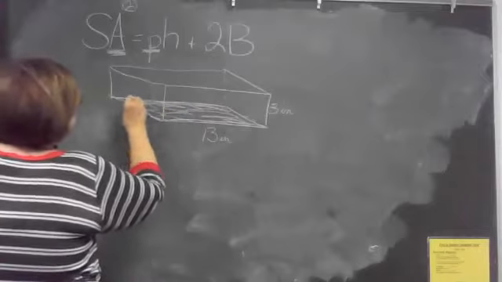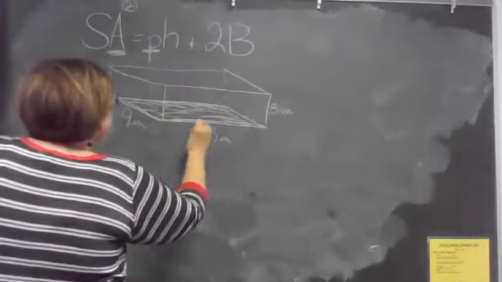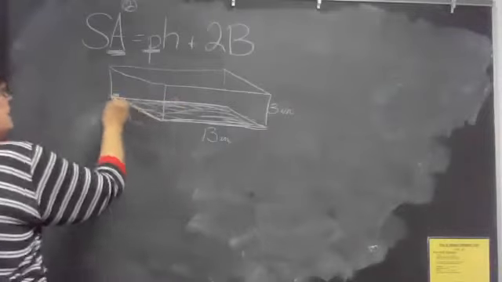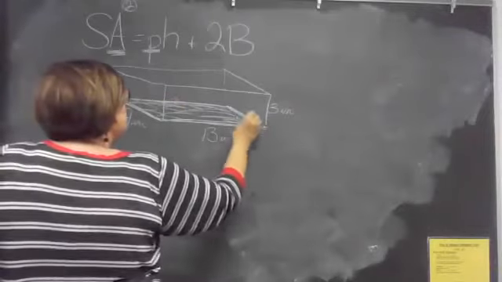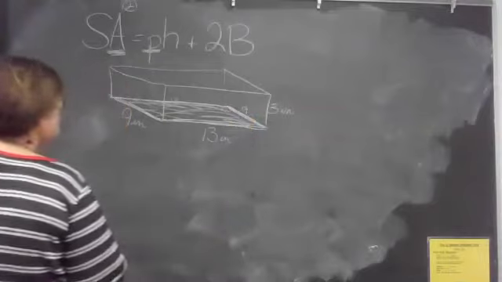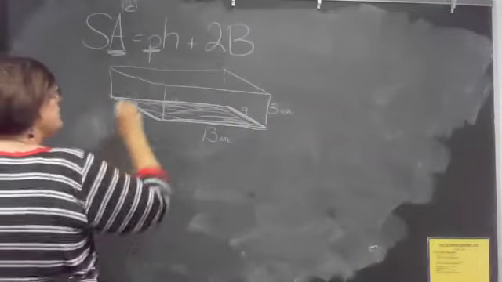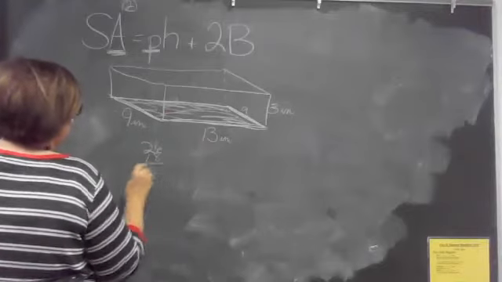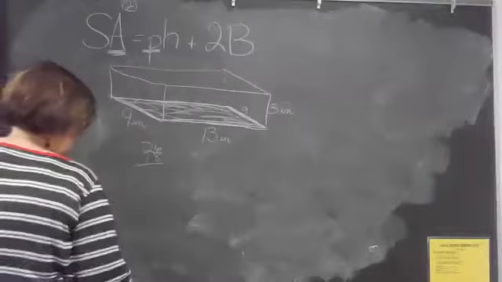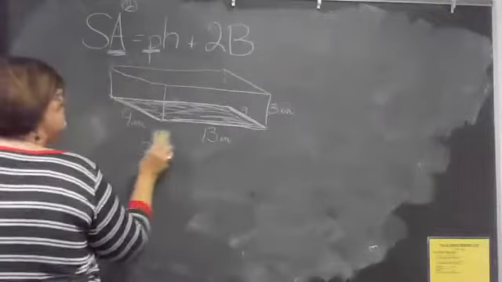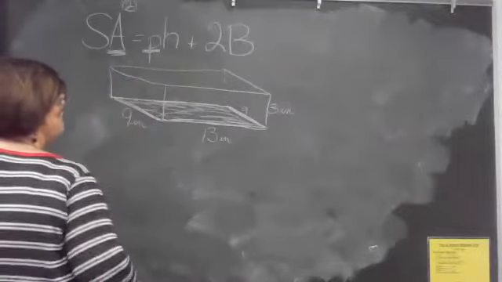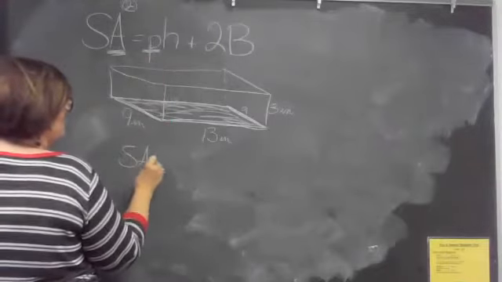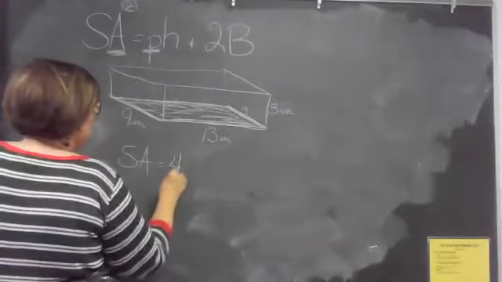And we want the perimeter. So if the front is 13, the back is 13. If this side is 9, then this side is 9. Okay, and to find the perimeter, you simply add all the sides together. So we have 44. If you add 13 plus 13 plus 9 plus 9 for the P, the perimeter of the base, it's going to be 44.